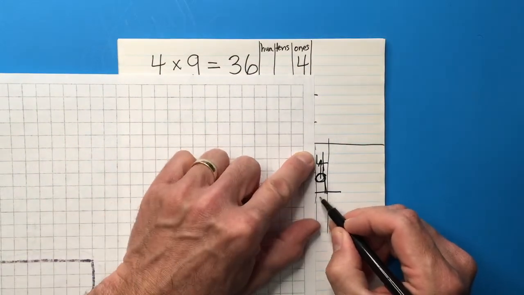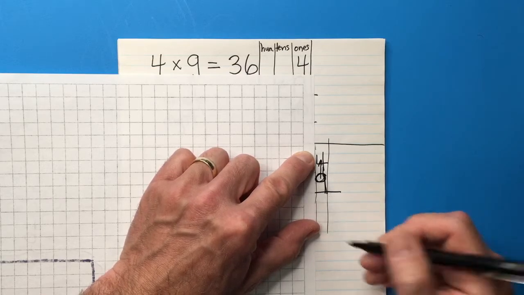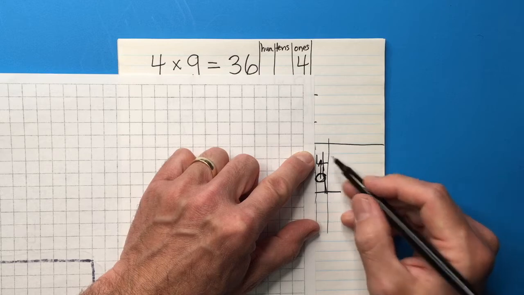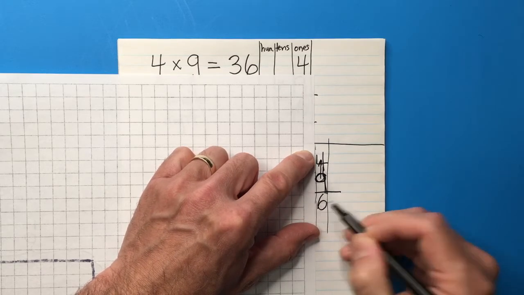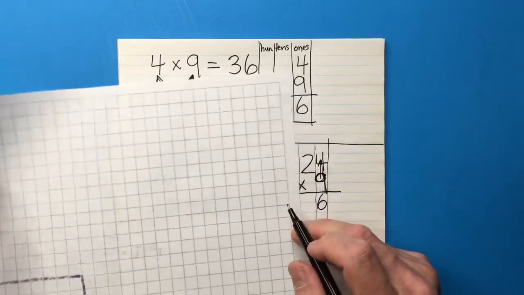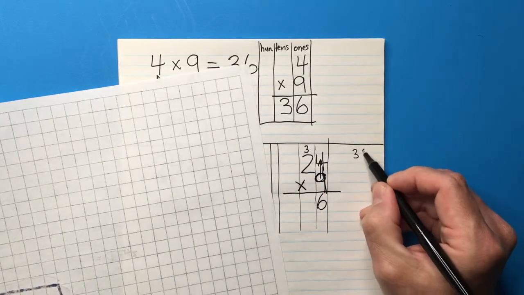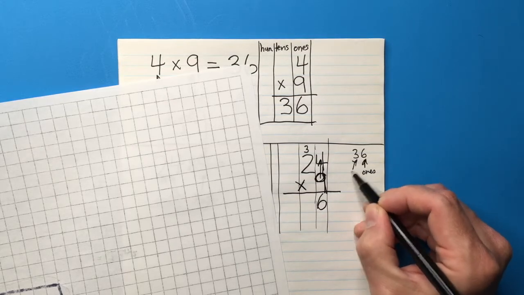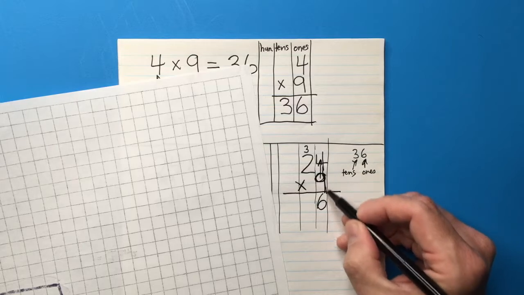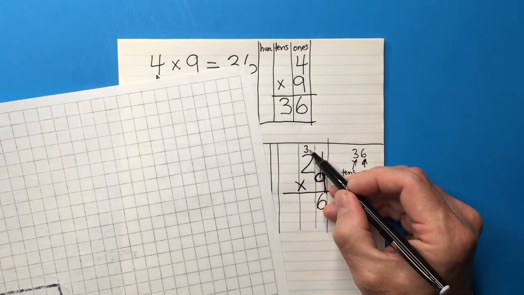But I can't write the whole 36 here. This is kind of like when you're adding numbers together with carrying. I can't write 36, but I can write the 6 because that's the ones of 36. And the 3 is the tens. So I'm going to put the 6 here, and the 3 up here. I'm going to add that on later.